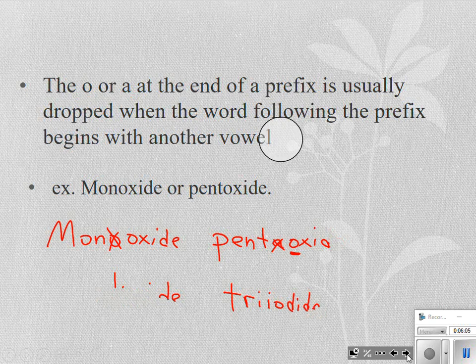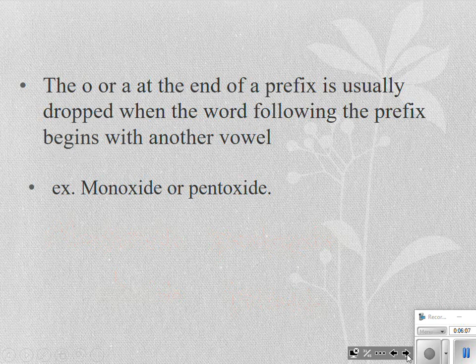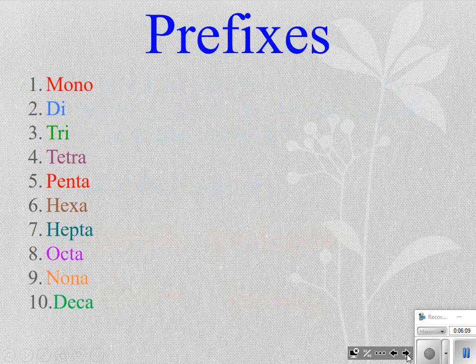Now, I believe that we're going to talk about the prefixes now. Here are the 10 prefixes that you need to memorize. Mono is 1, di is 2, tri is 3, tetra is 4, penta is 5, hexa is 6, hepta is 7, octa is 8, nona is 9, and deca is 10.